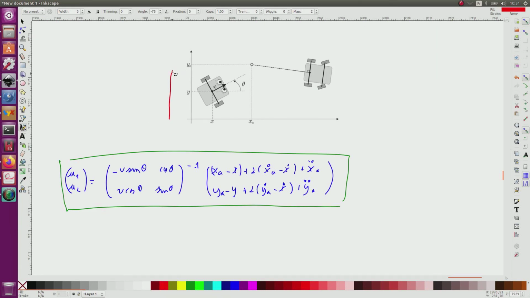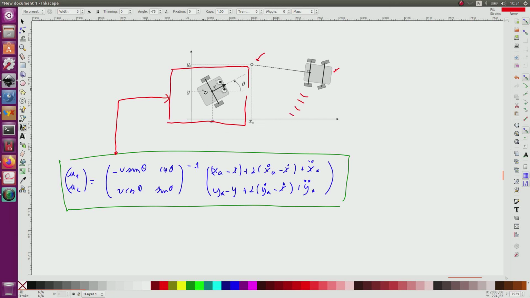If I take my robot here, I take my controller, which will feed my robot in order to compute the acceleration and the rotation rate from the previous robot, which is here. This one will give me the position of the attachment point, which corresponds to xa and ya. It will communicate to this robot, but inside this robot I have my controller.